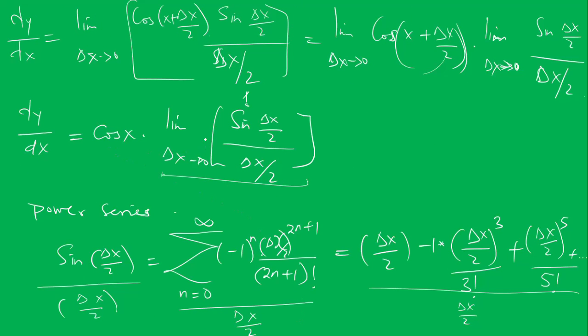So now that means if you put 1 here, dy all over dx is equal to cos x times the limit of sine delta x all over 2 divided by delta x all over 2 when delta x tends to 0.